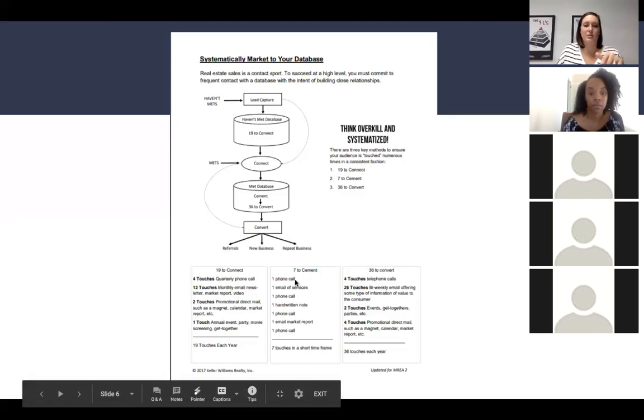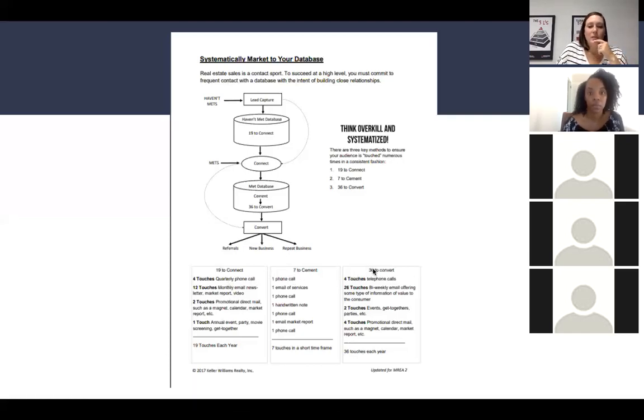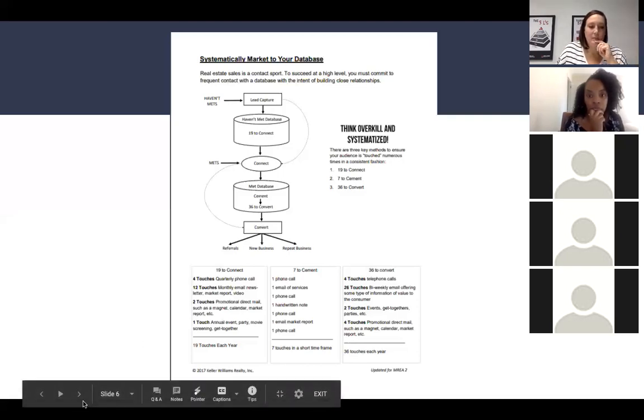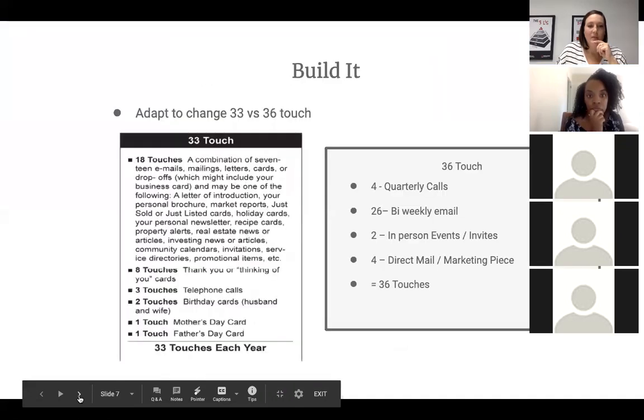The next slide shows the bottom better for you guys. That's probably where you want to screenshot or write down. Once you convert somebody, you don't just walk away from them. You look for referrals, new business, or repeat business from those people. Forever clients.